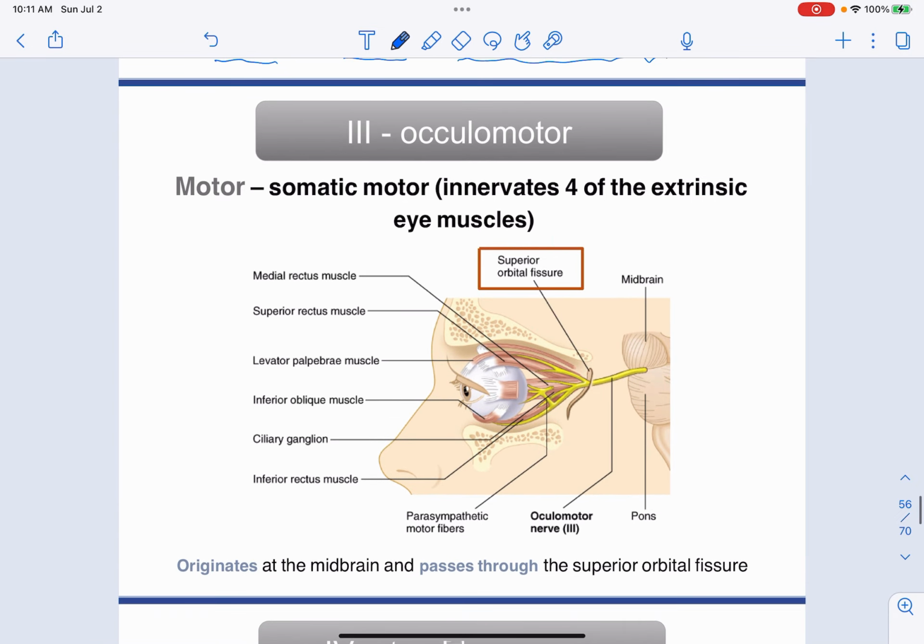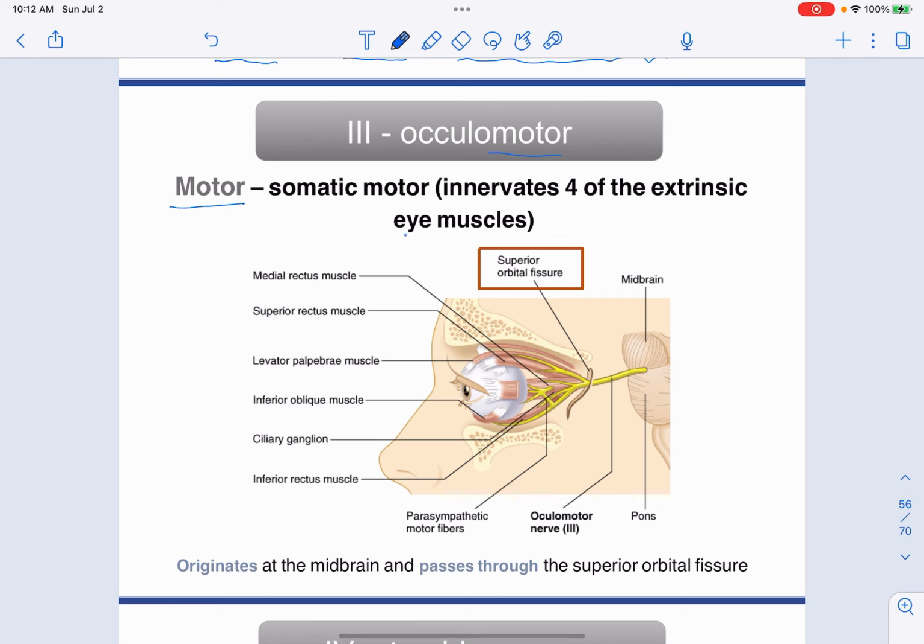The third cranial nerve is called the oculomotor nerve. This is our first motor nerve, and it kind of has that in its name, oculomotor. It is a somatic motor nerve, and it's going to innervate 4 of the extrinsic eye muscles. We'll talk a little bit more about the muscles of the eye when we get to vision, but this allows our eye to move in various directions.